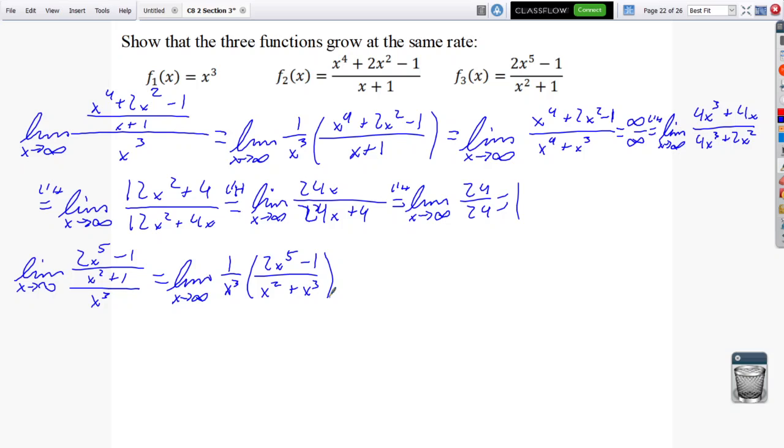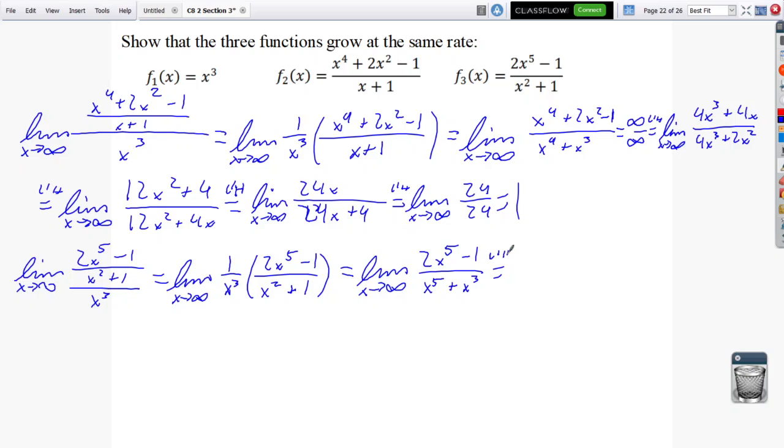I didn't distribute my x cubed yet. Sorry about that. Distributing my x cubed into the denominator. I think I chose badly again. If I had put it the other way, this would have been easier, but it's still accomplishable. Over x to the fifth plus x cubed.